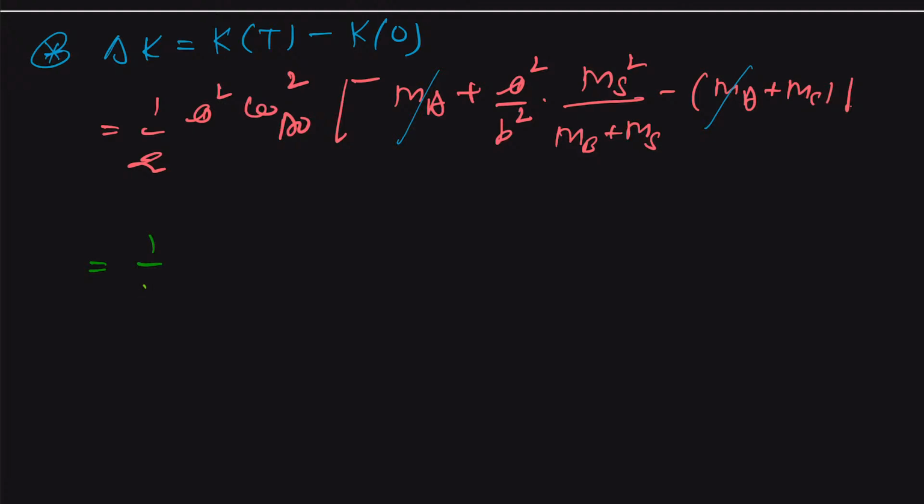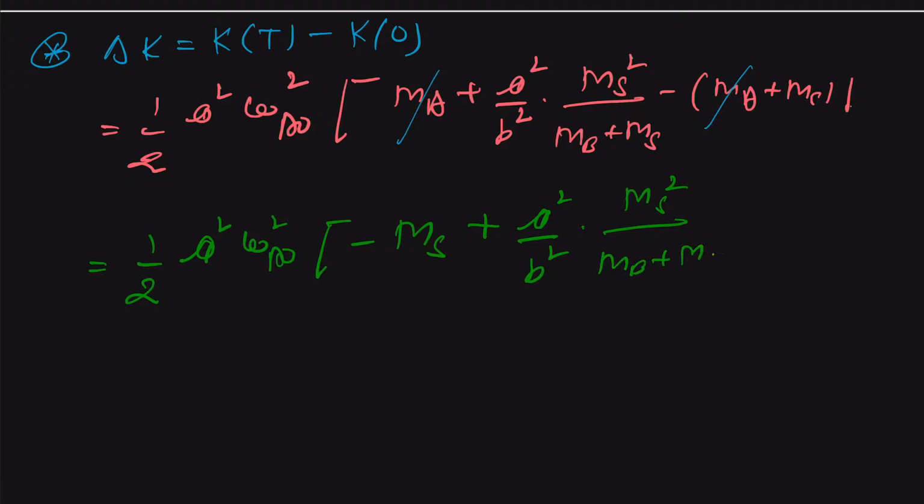So we get half a squared omega naught squared times minus mass of sand plus A squared upon B squared mass of sand squared, over M of B plus M of S.